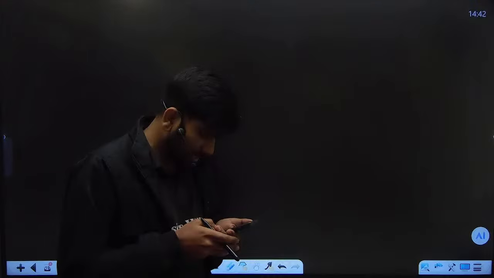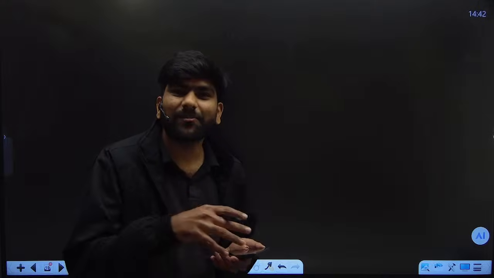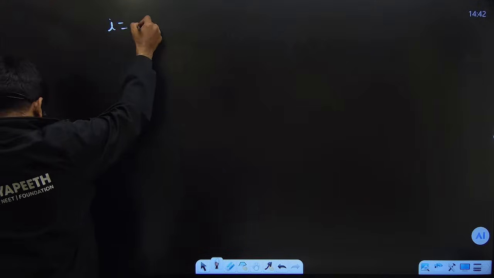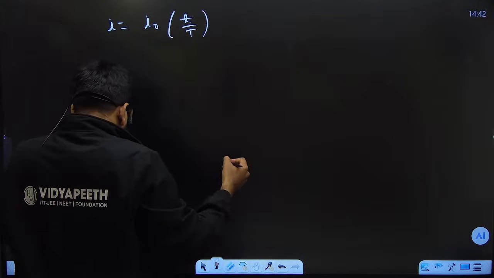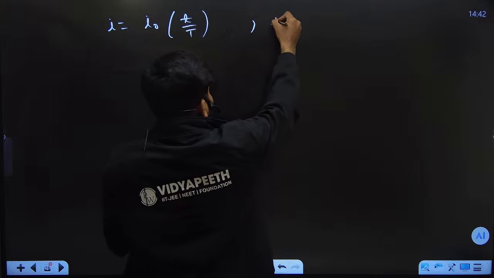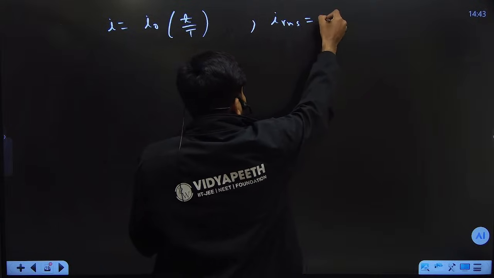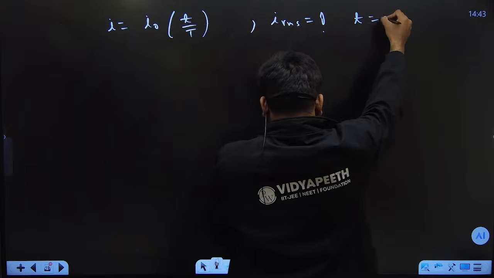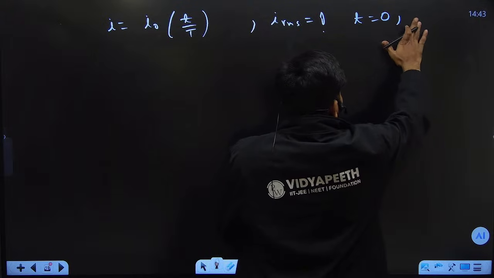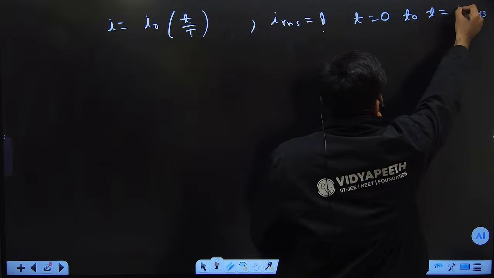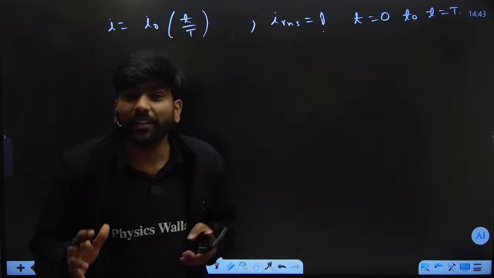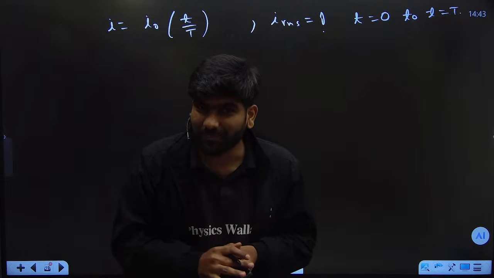Okay, in the next question we have to find the RMS value of electric current. So in some circuit, the current is given as I naught t by T. We have to find the RMS value of this current for the time period of 0 second to capital T second. Okay, so 0 second to capital T second, we have to find out the RMS value of the current.